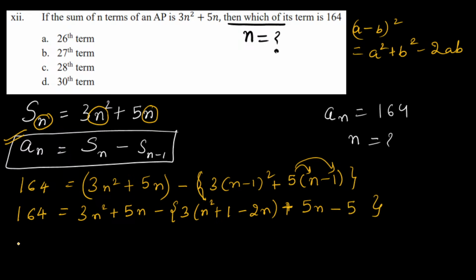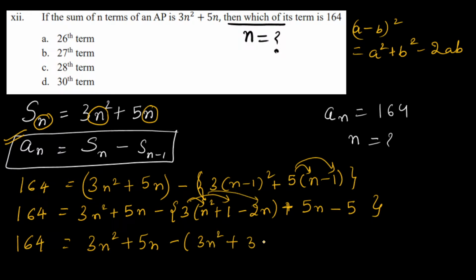Now further simplification we can do. So 164 is equal to 3n square plus 5n minus, with bracket multiplication, 3n square plus 3, 3 into 1 is 3, minus 6n plus 5n minus 5. Now here we can solve the like terms.